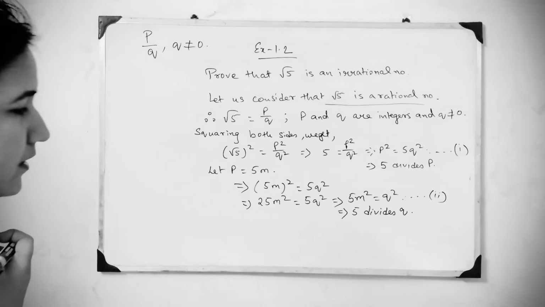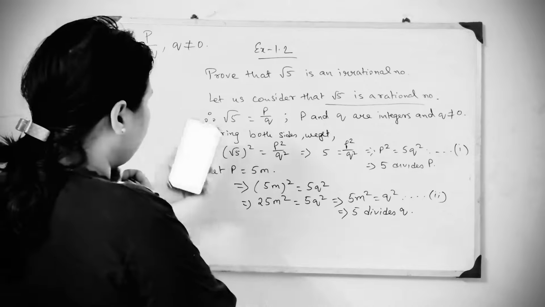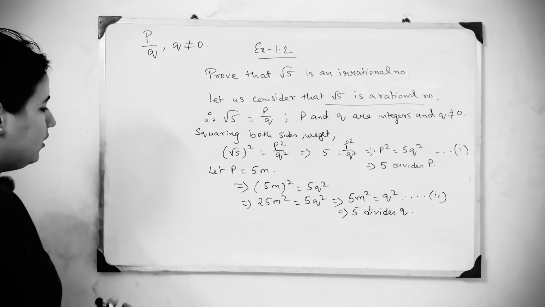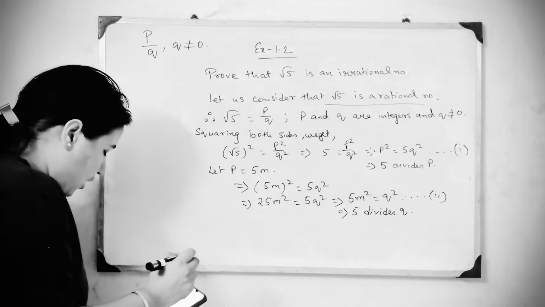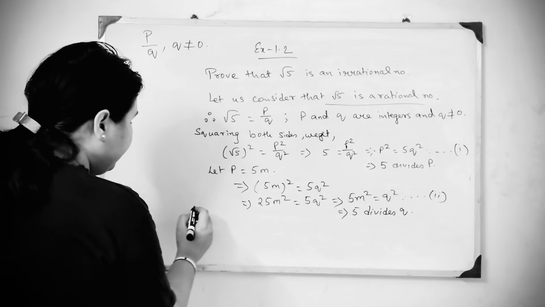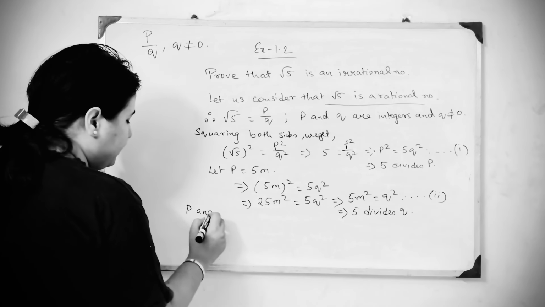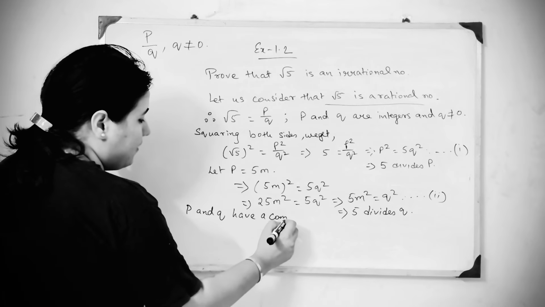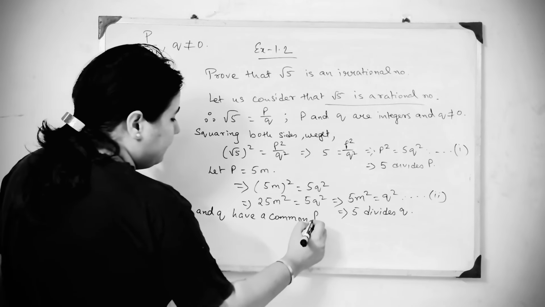A rational number can be written in the form of p by q, where both are integers and q is not equal to 0. So now we can simply write that p and q have a common factor.